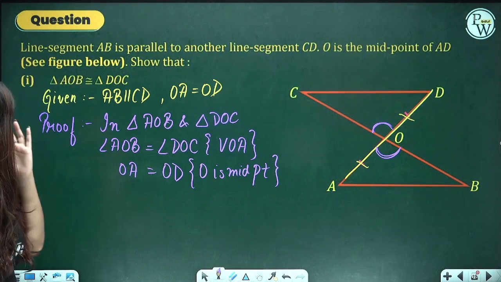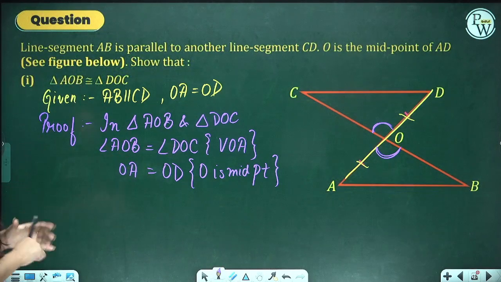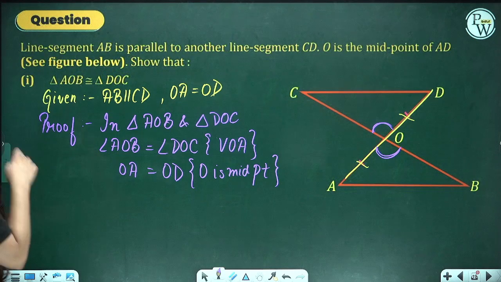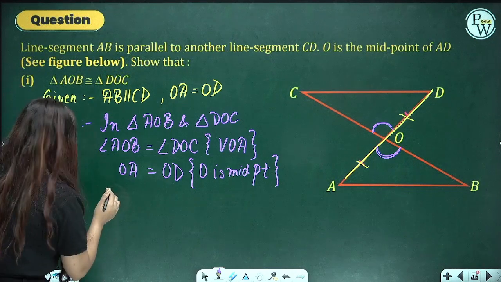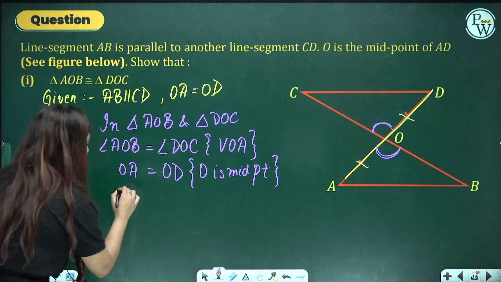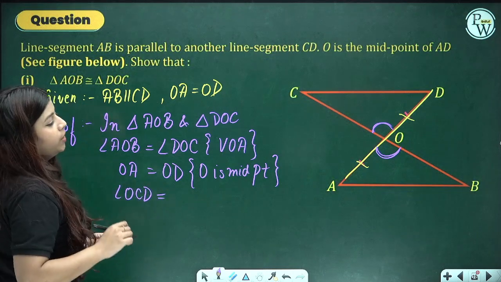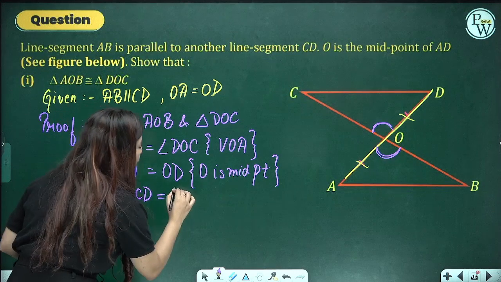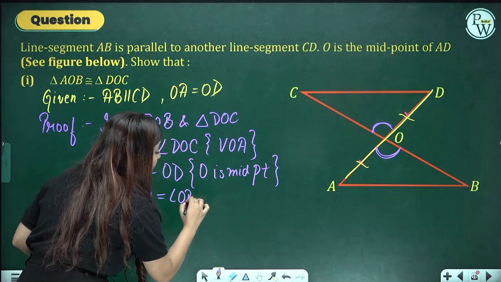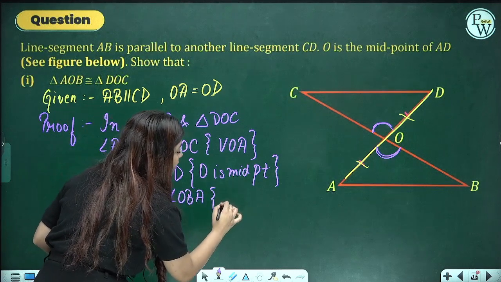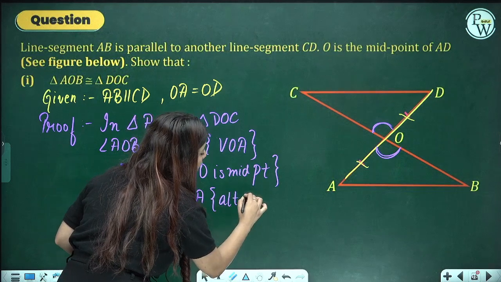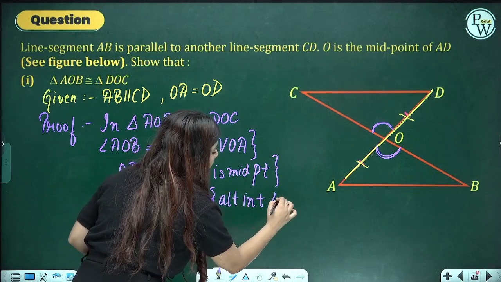Now the next thing that we have, students, is angle OCD. What we can say is simply that angle OCD will be equal to your angle OBA. Why? Because these angles are forming alternate interior angles.